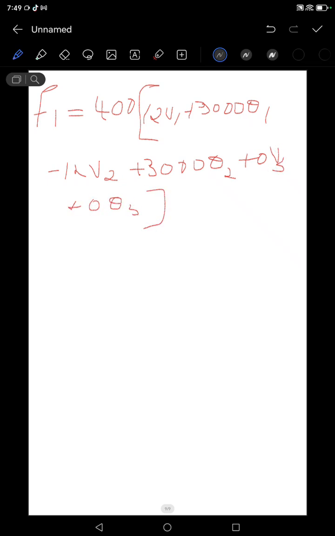And then remember we'll be calculating the values of V2, theta 2, and theta 3, and our V1, theta 1 and V3 are equal to 0.